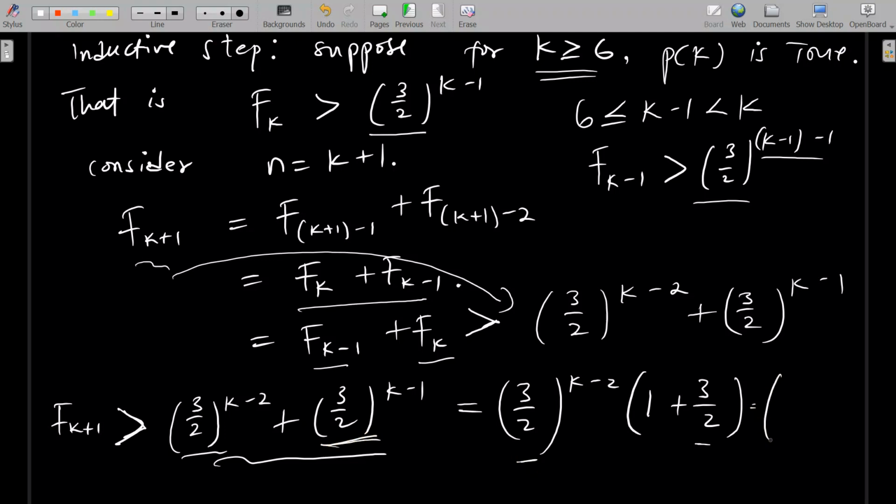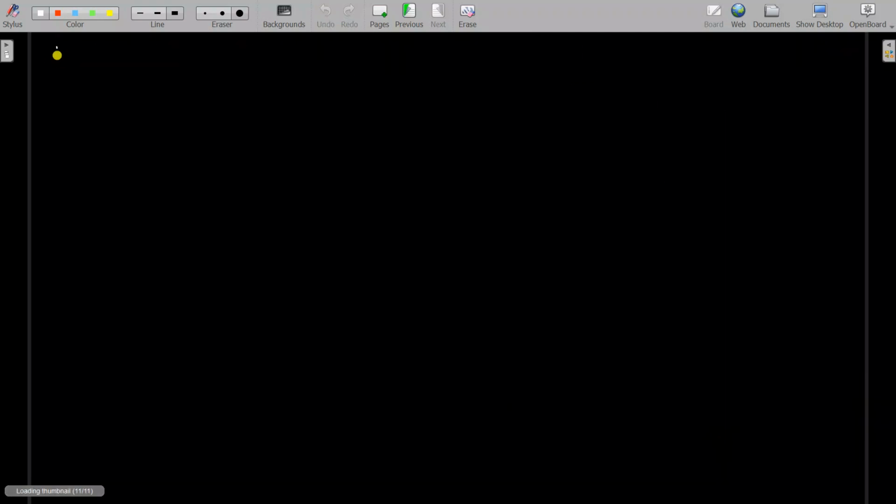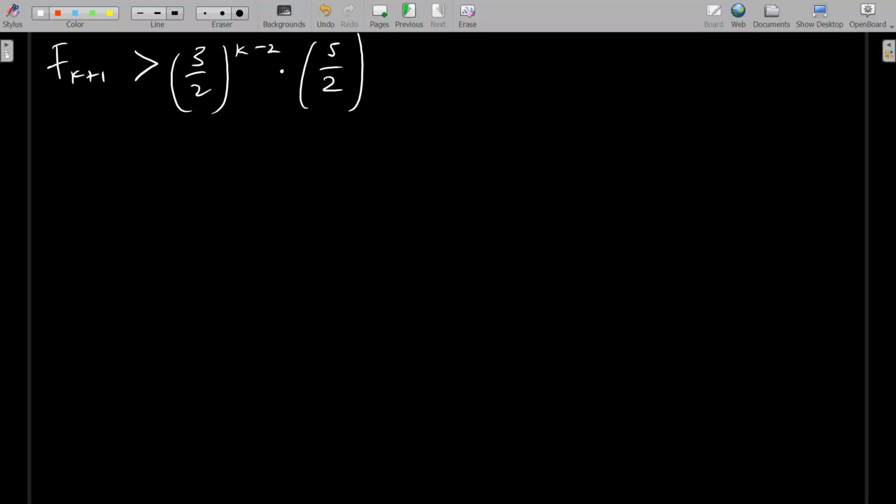So this is equal to 3 over 2 to the k minus 2 into 1 plus 3 halves, and 1 plus 3 halves is actually 5 over 2, right? So I'm saying that f sub k plus 1 is greater than 3 over 2 to the k minus 2 multiplying 5 over 2, right?